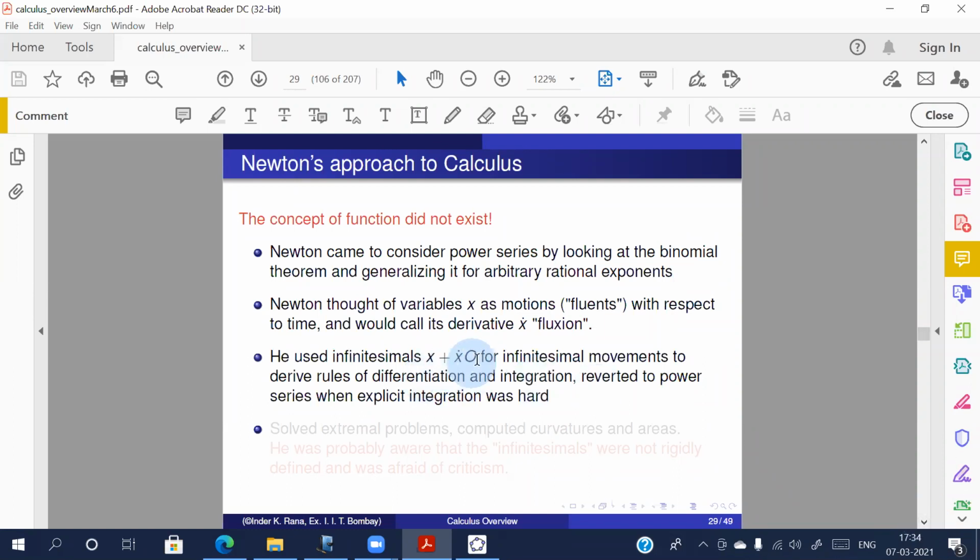Infinitesimals were written as x plus x dot o, and he solved extremal, minimum and maximum problems, and also problems about curvatures and areas. But he was probably aware that the infinitesimal concept he was proposing was not very rigorous, and there might be a lot of criticism about it. So he did not publish his work for quite some time.